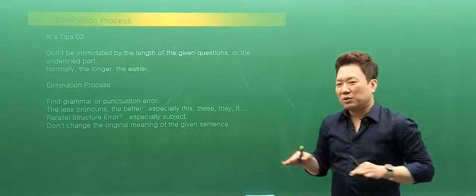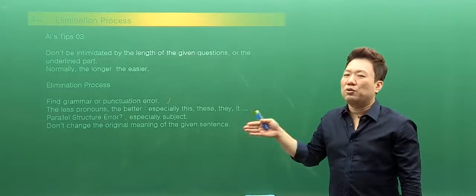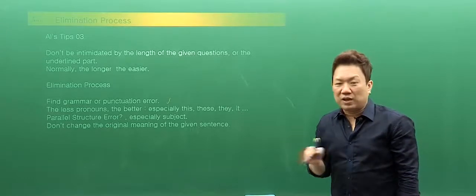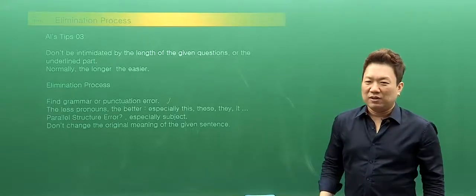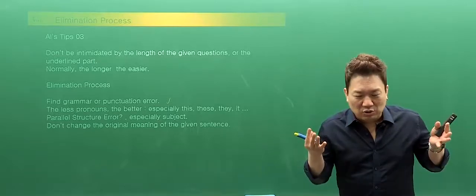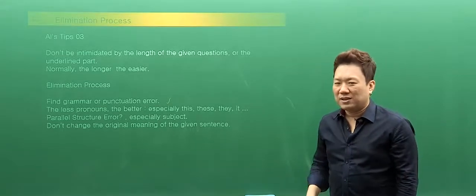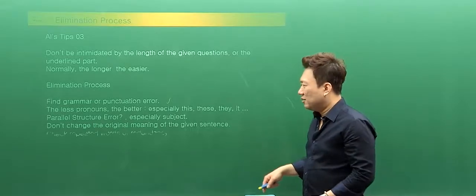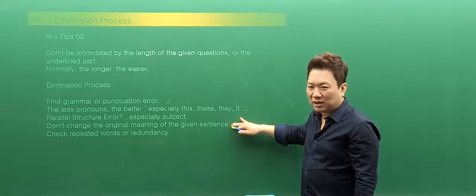If the sentence is given to you, you have to stick with the original meaning. No matter how attractive it is, it doesn't matter if it altered the meaning of the original sentence. Then just forget about it. Eliminate it. I'm going to look at this in a little more detail in a later question.